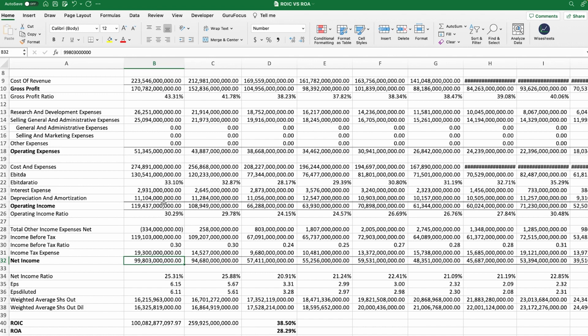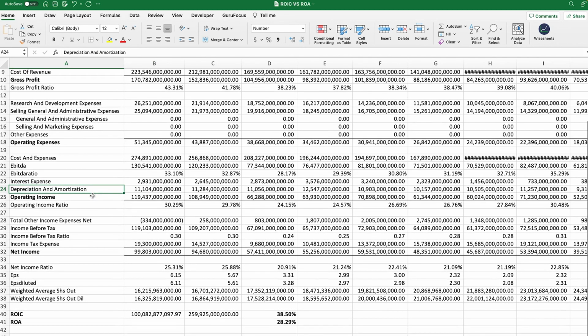For example, depreciation and amortization is not something the company had to use cash to pay for, but it's more like the company has to save this amount of money to keep up with the depreciation and amortization of its assets.